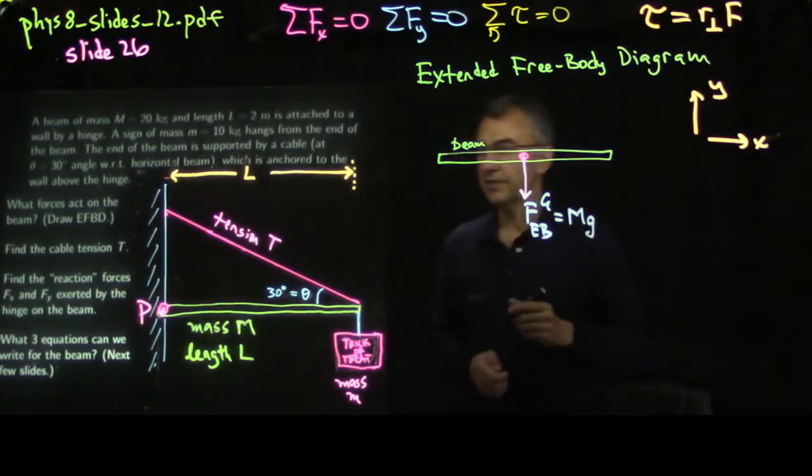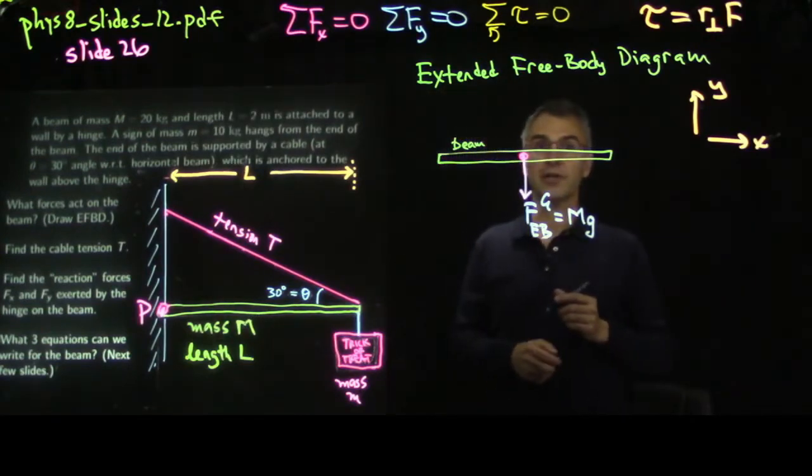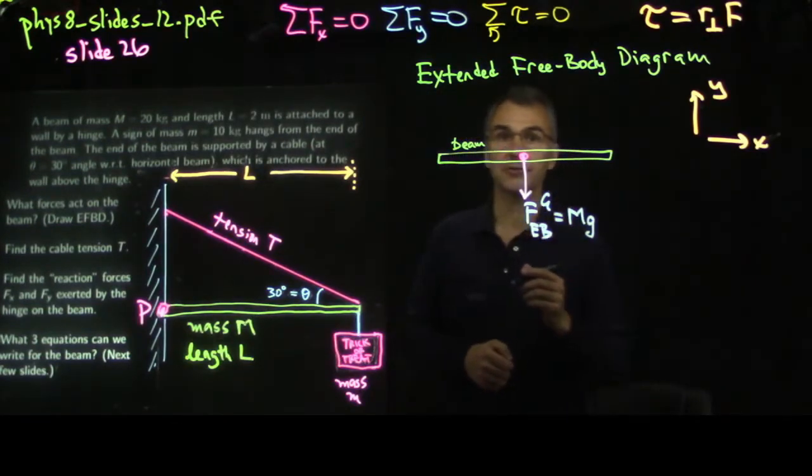This hinge is capable of exerting both horizontal and vertical forces on the beam. So let's draw both of those forces.